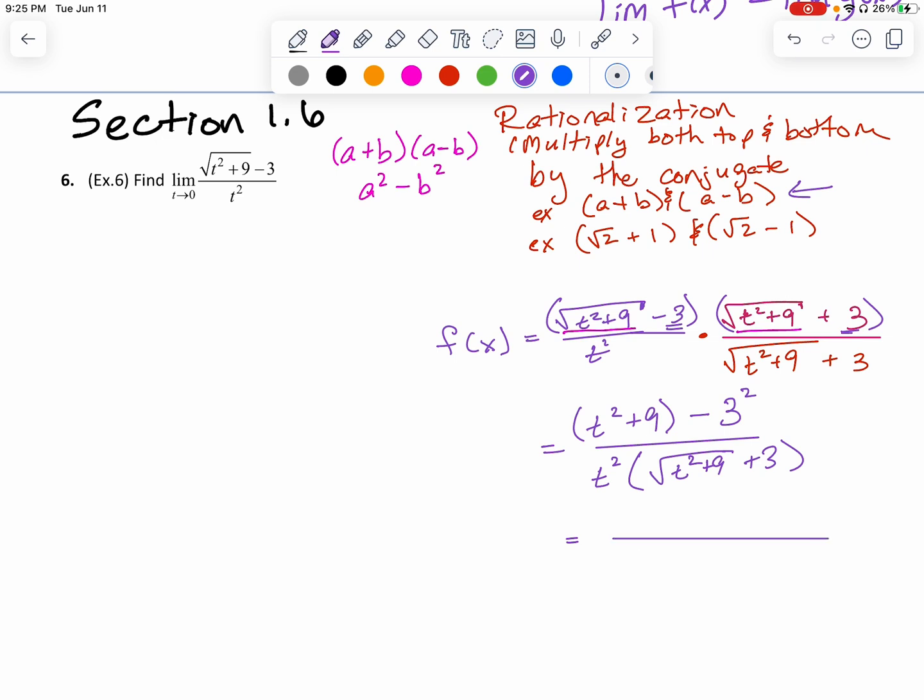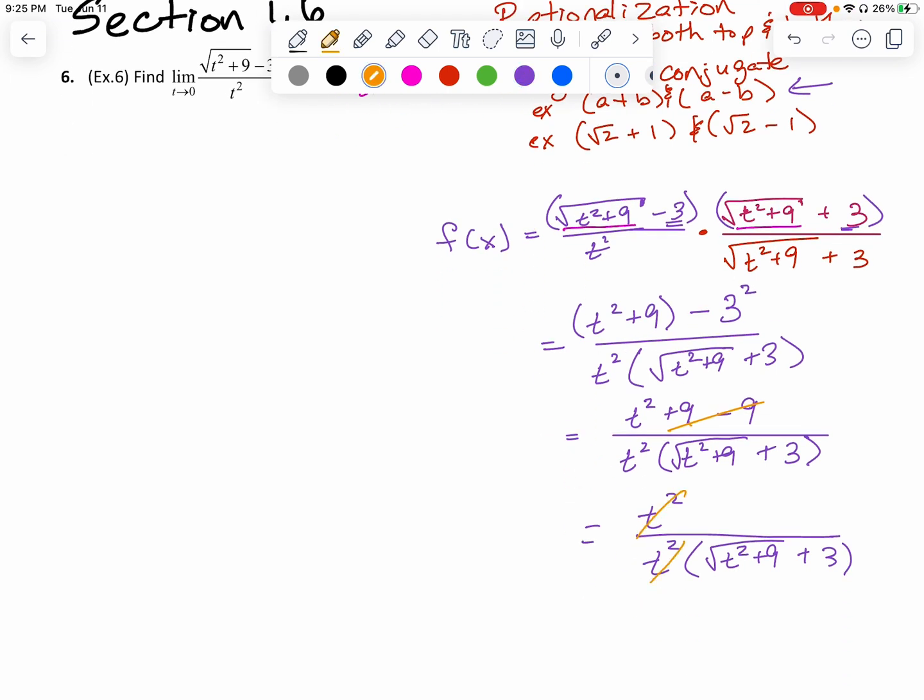That's t squared plus 9 minus 9, since 3 squared is 9, and I can remove the parentheses. My positive 9 and negative 9 will cancel. And I get t squared all over t squared times the square root of t squared plus 9, plus 3.